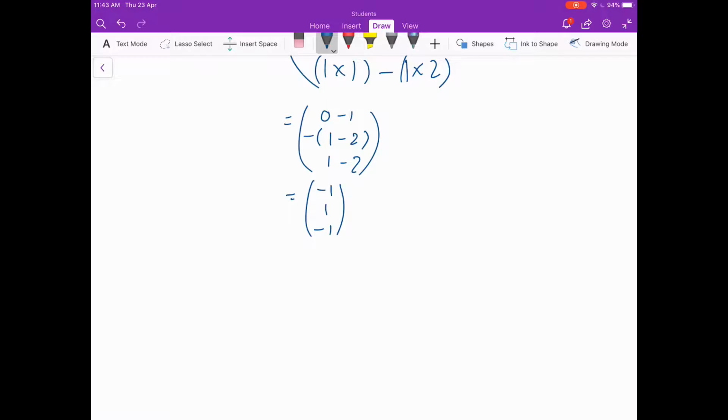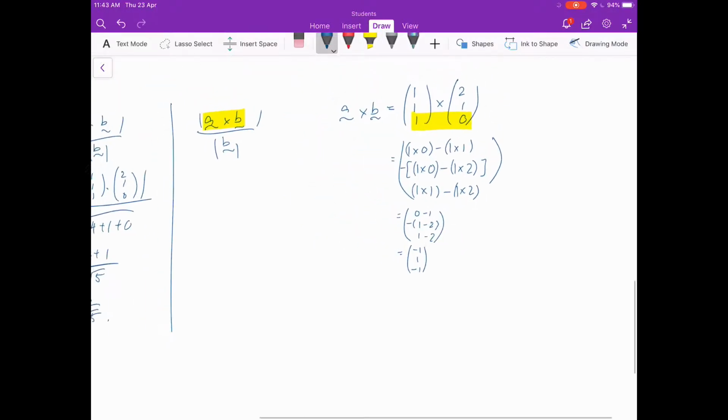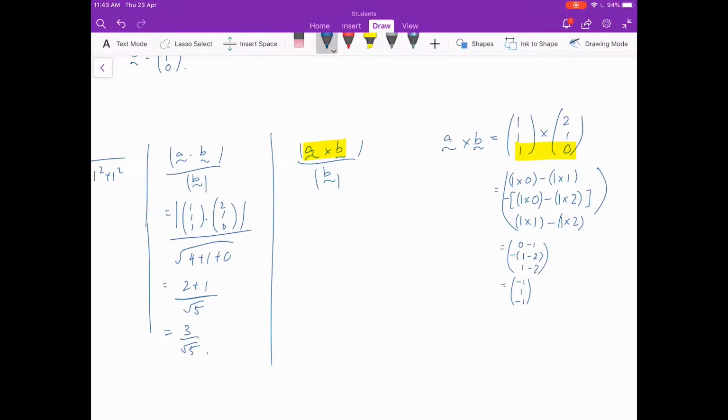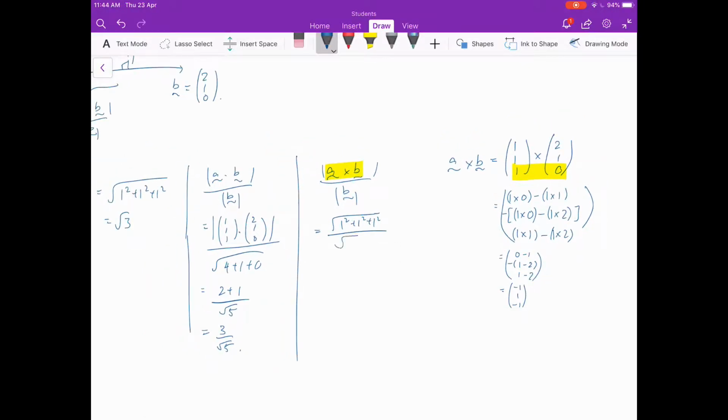Okay, do one final try 0 minus 1, yes. Negative 1, 1, yes. Yes, okay, good. B, we already know from here that B is just square root 5.